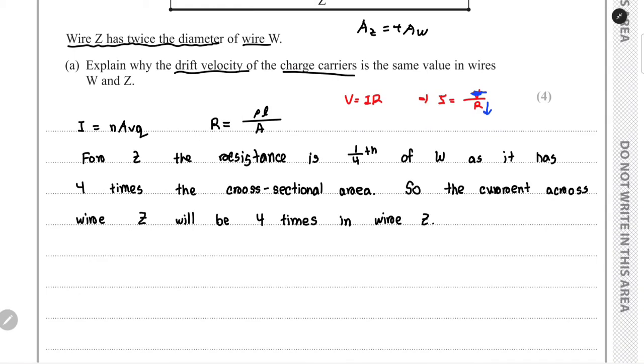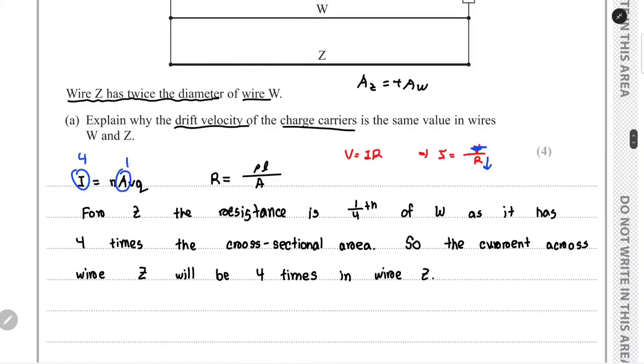So if I look over here, the current for Z is 4 times the current of W. The area in Z is 4 times that. So this both cancels out.